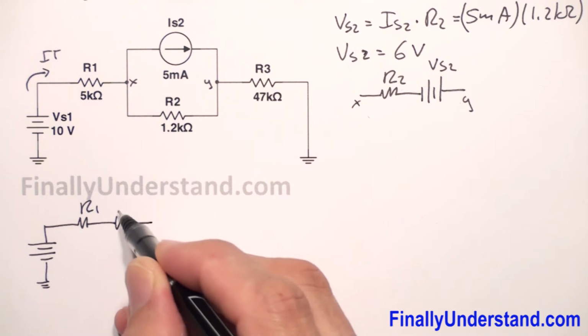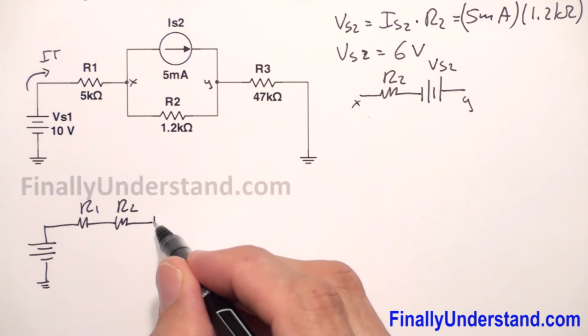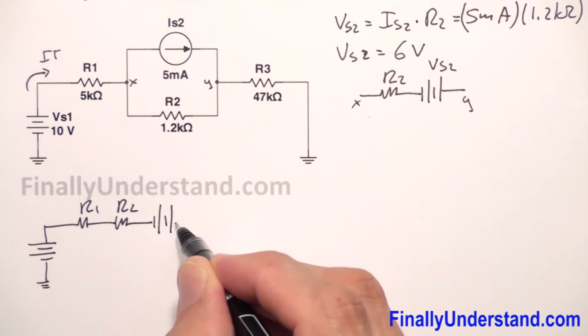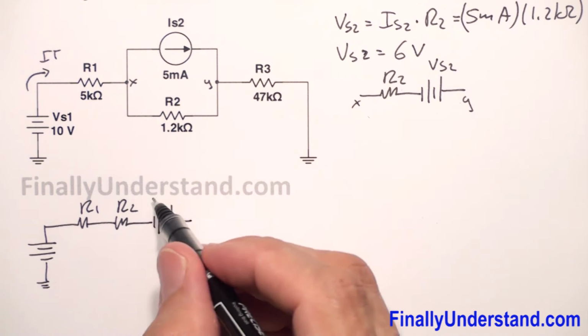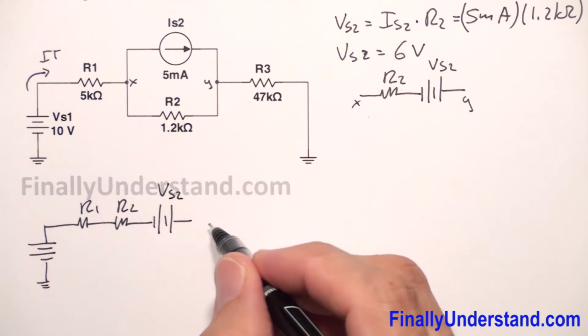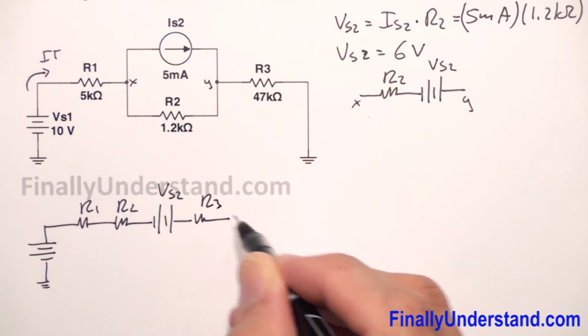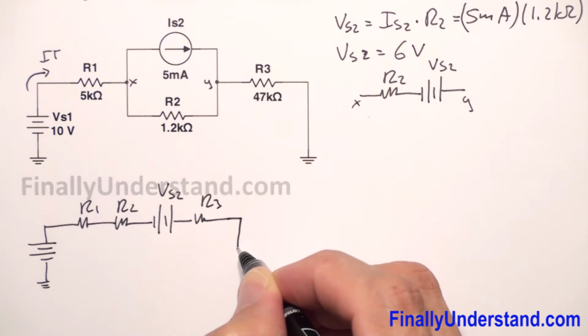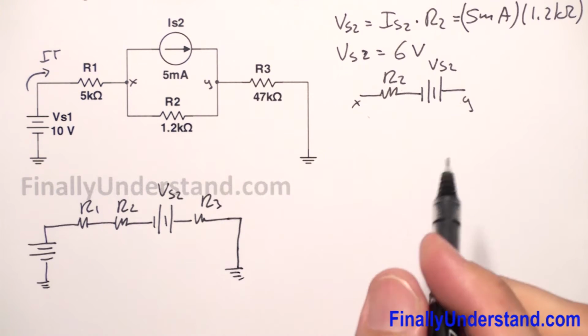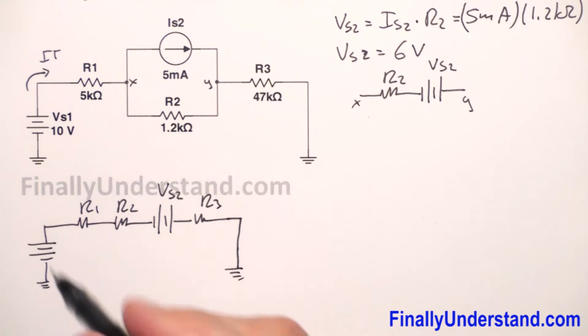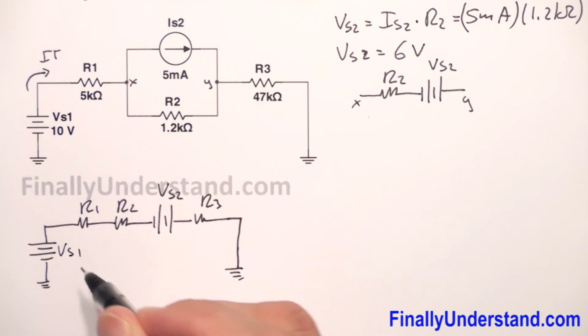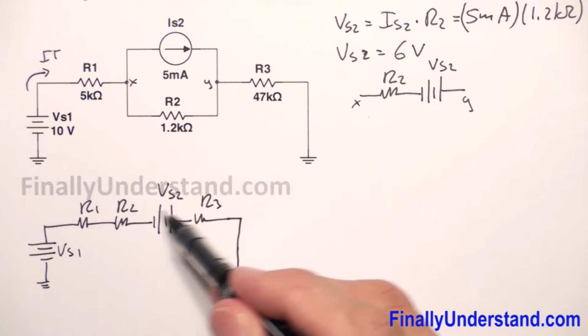So this is my R2 and this is my VS2, and this is my resistor R3 and this is my ground. Please notice that this is my voltage source 1, and this time we are dealing with a series circuit.